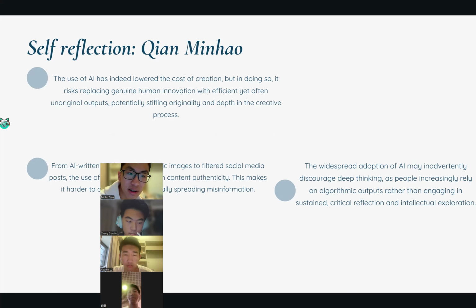This makes it hard to discern truth, potentially spreading misinformation. And the last, the widespread adoption of AI may inadvertently discourage deep thinking, as people increasingly rely on algorithmic outputs rather than engaging in sustained critical reflection and intellectual exploration.